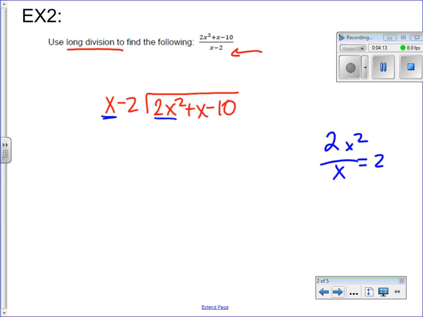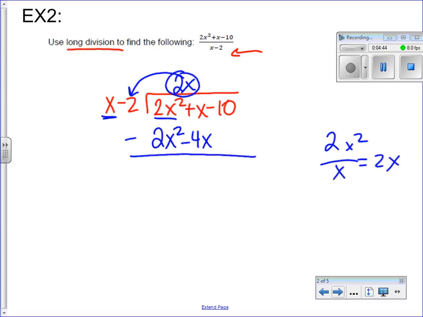Well, 2x. I'm going to put the 2x on top. So 2x times x gives me 2x squared. I'm going to put that below, just like we were doing for the other problem. But now I also need to multiply this 2x to this negative 2. 2x times negative 2 is negative 4x.